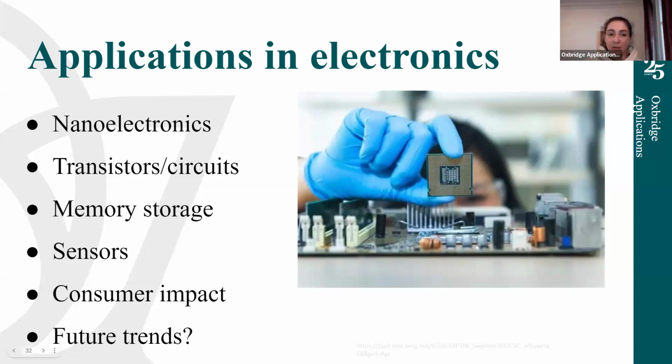Consumer impact as well. Well, this has had a huge impact on consumer goods, as I'm sure you've all experienced. So things like smartphones and wearable devices. Nanotechnology is enabling the development of thinner, lighter, and more efficient consumer technologies. Things like LEDs are using quantum dots in displays, and these can produce more vibrant colors and consume less power than traditional LEDs.